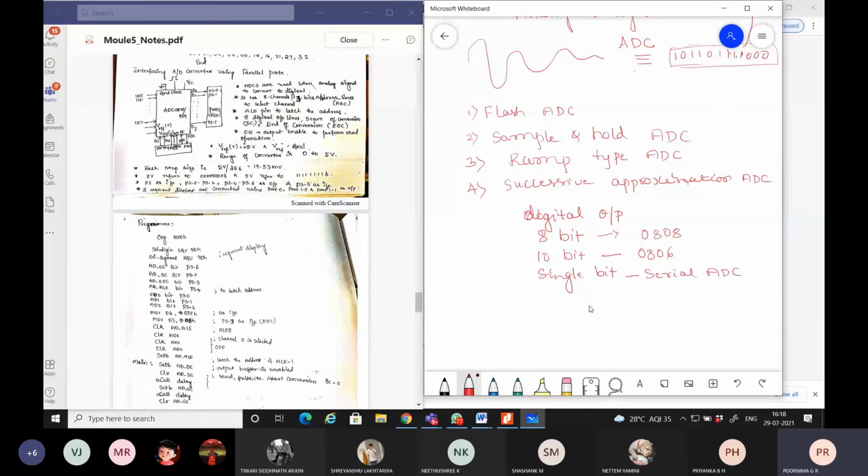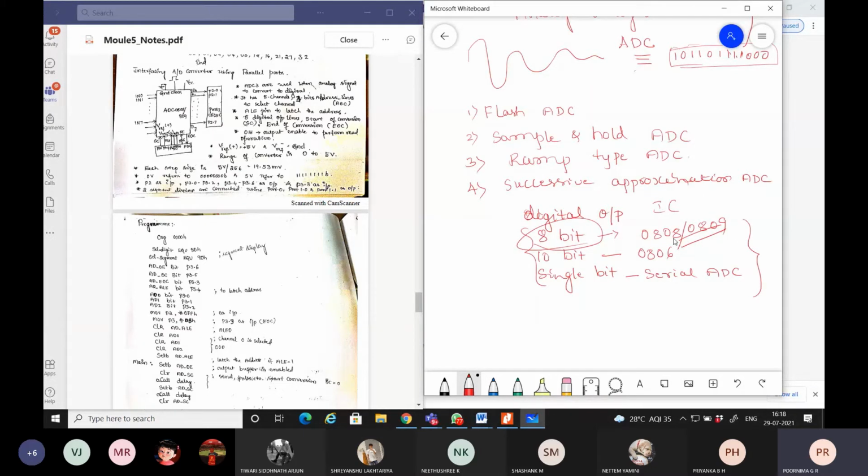But out of these ADCs, the one ADC we will be considering for our discussion is the 8-bit ADC, that is IC number 0808. This can be either 0808 or 0809. Either IC is an 8-bit ADC only.